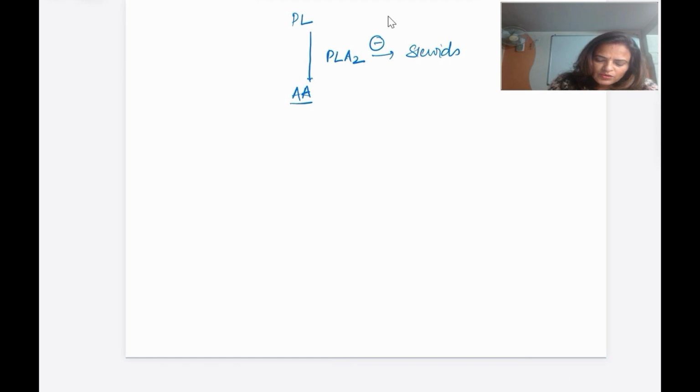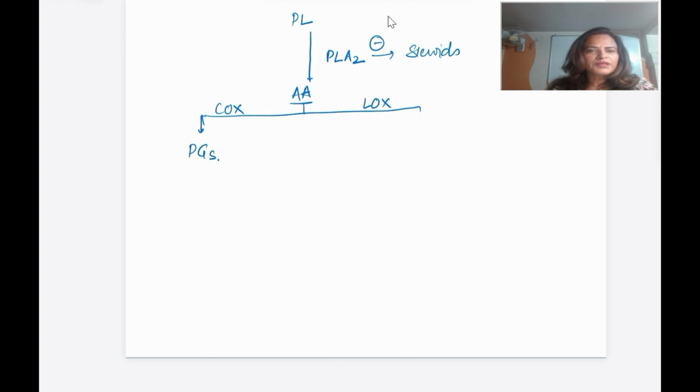This arachidonic acid is further metabolized by two enzymes: cyclooxygenase and lipoxygenase. The cyclooxygenase pathway forms various prostaglandins, which are also important mediators of bronchial asthma. The most important are the leukotrienes, of which the important ones are LTC4, D4 and E4.